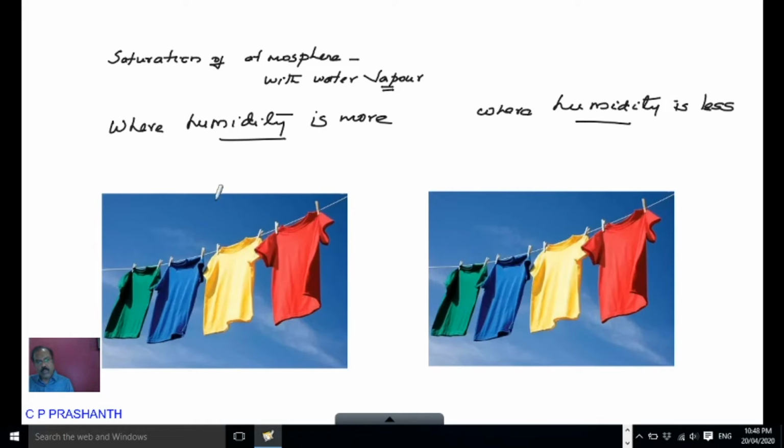So when it is already more in the atmosphere, water from the clothes cannot get evaporated because it's already more in the atmosphere. So where humidity is more, the rate of evaporation will be lesser.